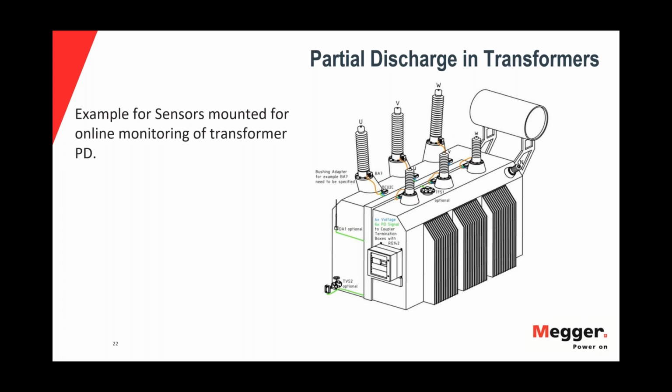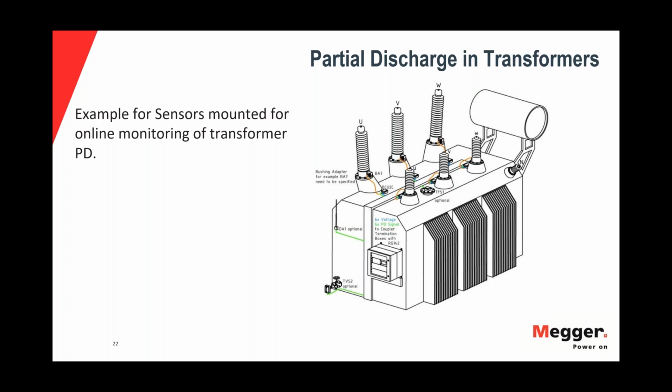So if your transformer has a bushing tap, then no coupling capacitor is needed. It basically uses the bushing capacitance as a coupling capacitor. Just a small box is used as measuring impedance, and then a coaxial cable is connected to the equipment.